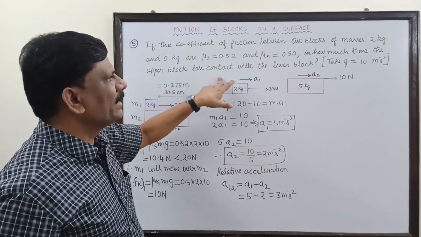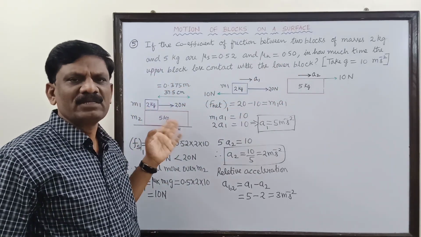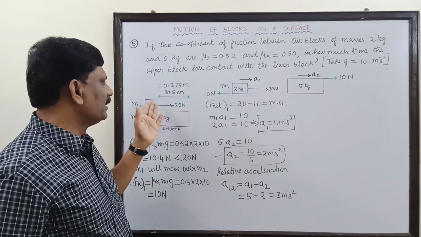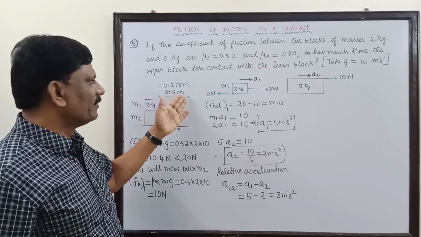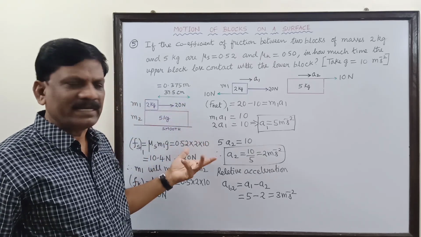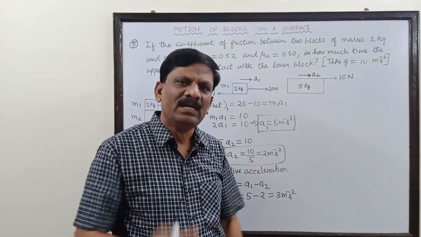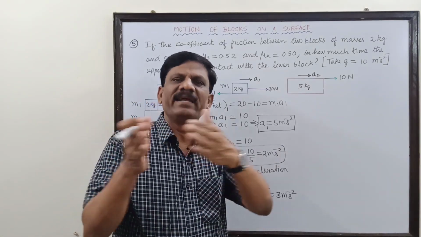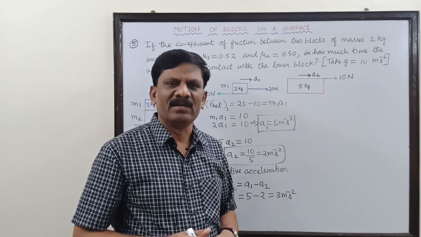It will lose contact with the lower block. So when will the 2 kg mass lose contact with the 5 kg mass? When it slides through a distance of 37.5 centimeter, it will fall down and lose the contact. So we have to find out in how much time the 2 kg mass is going to slide over the 5 kg mass. This time has to be determined.